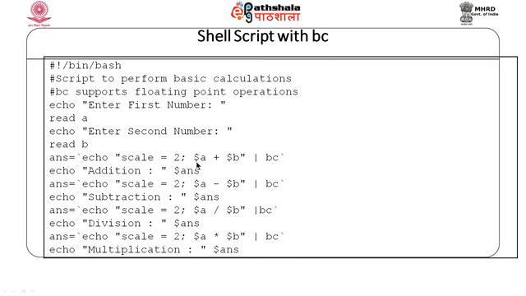So, if it is a floating point number, the answer will be displayed up to 2 decimal places after the dot sign. This is an example. If you try the bc example, you can try it with floating point numbers, that is real numbers. The previous 2 examples won't be successful if you use floating point numbers.